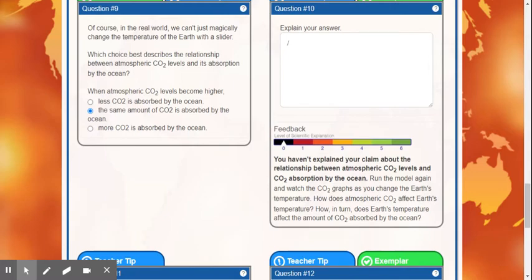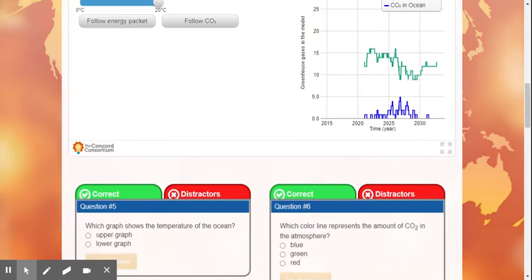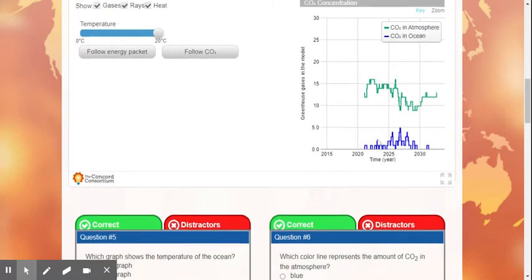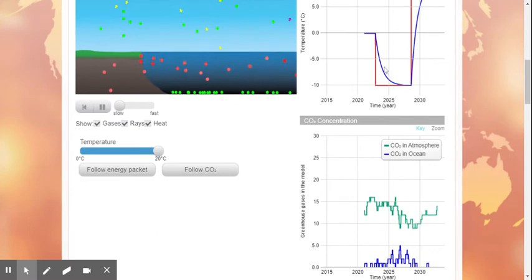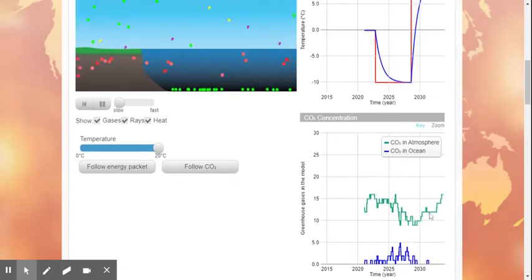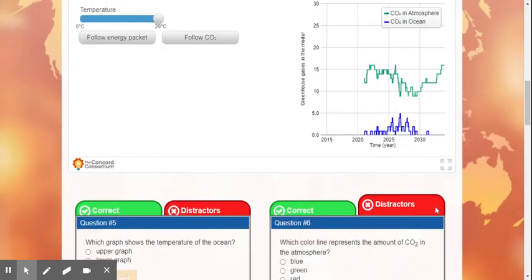And remember, I think I mentioned what was going on there. Can we go back up? Atmospheric is the green, and ocean, and then temperature, right? What happens when we heat up the planet? What happens to the amount of CO2?